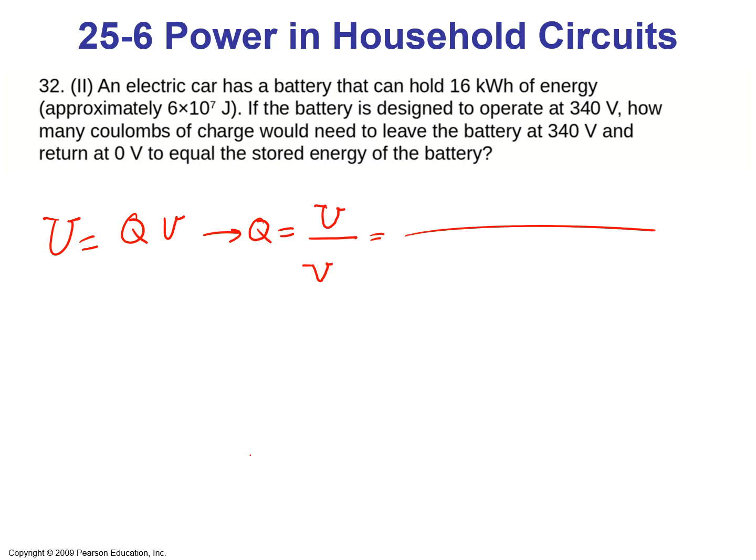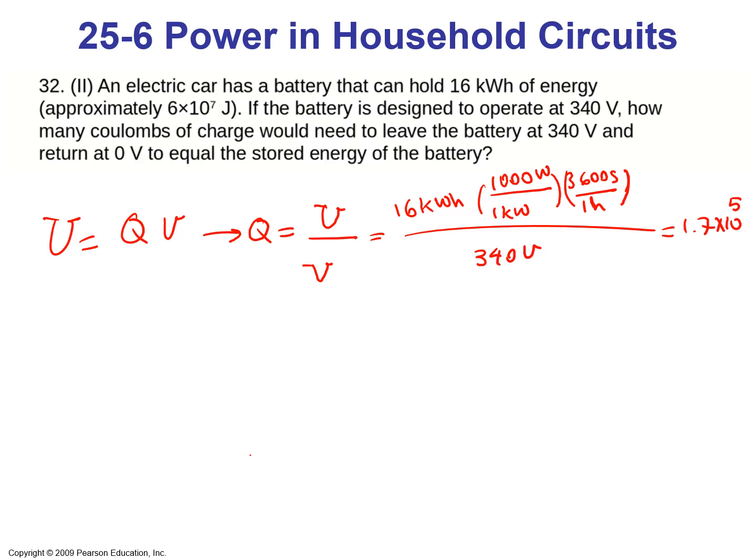So we have 16 kilowatt hours, and that is multiplied by 1000 to convert kilowatts to watts, and 3600 seconds in 1 hour, divided by 340 volts, and that simplifies to 1.7 times 10 to the power 5 coulombs.